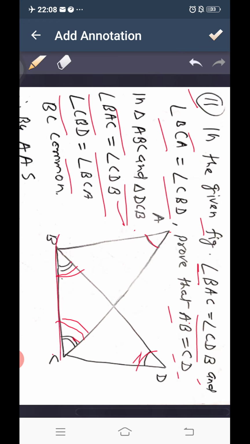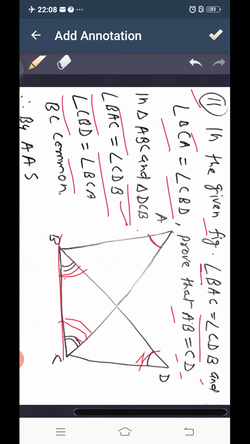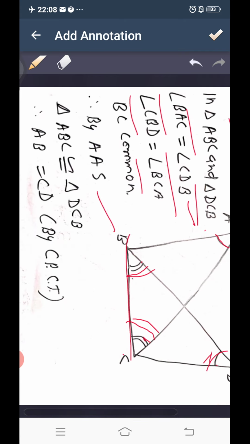So we can use the angle angle side axiom. Triangle ABC is congruent to triangle DCB. Therefore, AB will be equal to CD by CPCT. First of all, we prove both the triangles congruent and then we say AB equal to CD by CPCT.